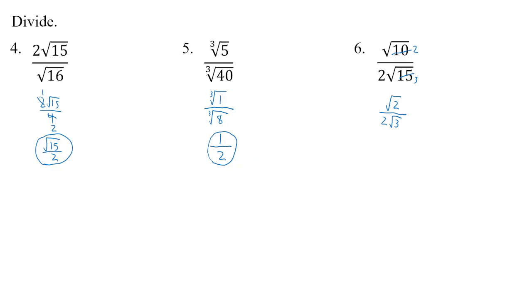Now, if you remember, I told you we cannot have a radical in the denominator. So therefore, what we're going to do is what we call rationalizing the denominator. And I'm going to write this down. Rationalizing the denominator.